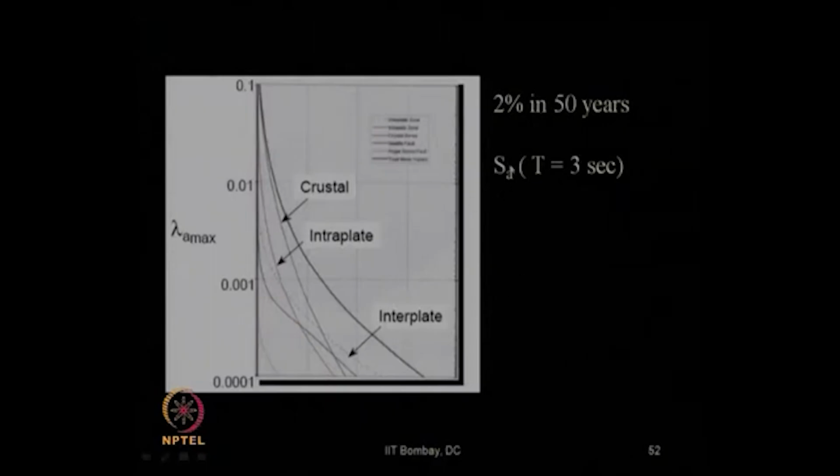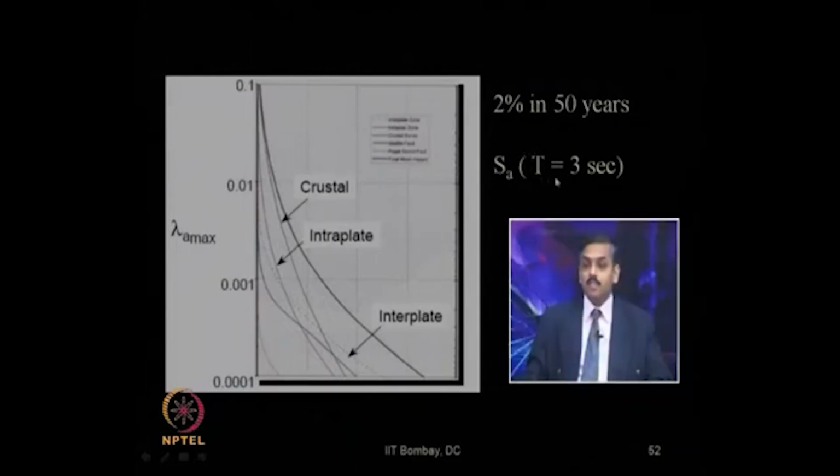Similarly, in terms of SA also, that is when you are talking about spectral acceleration, you can find it out for a given natural period. It can be estimated for, say, T equals 3 seconds. It can be estimated for another time period also.